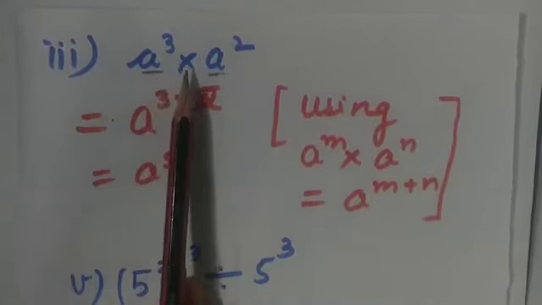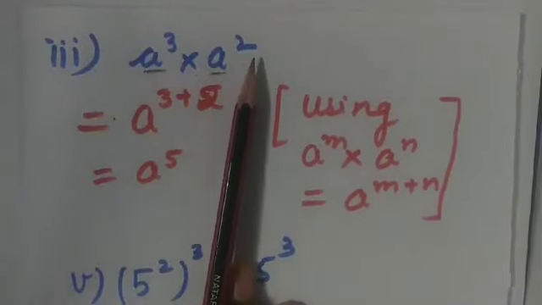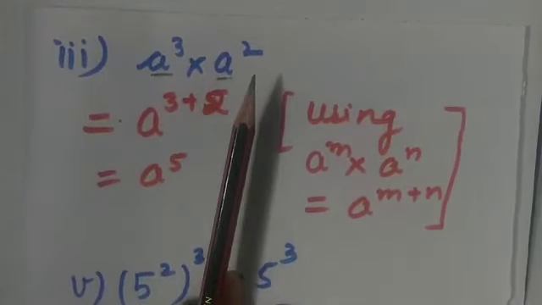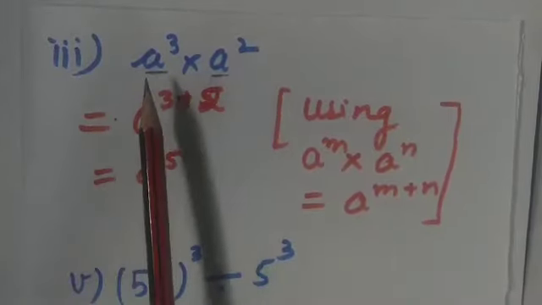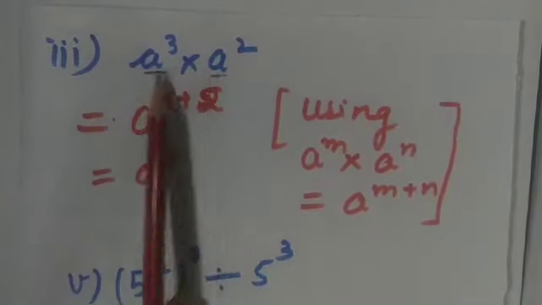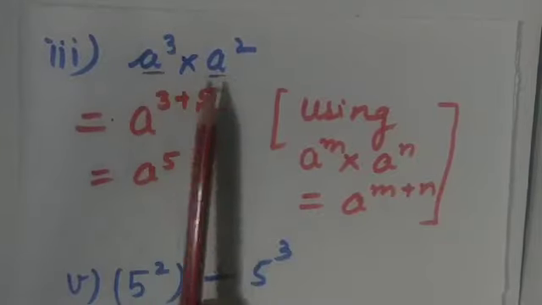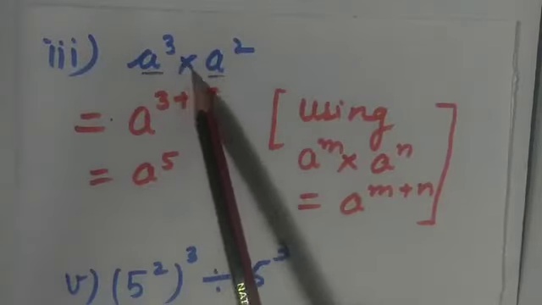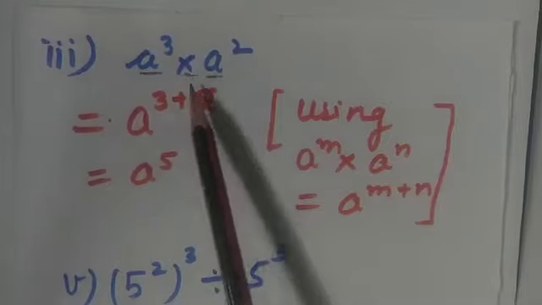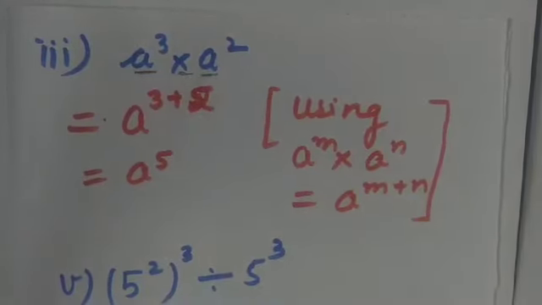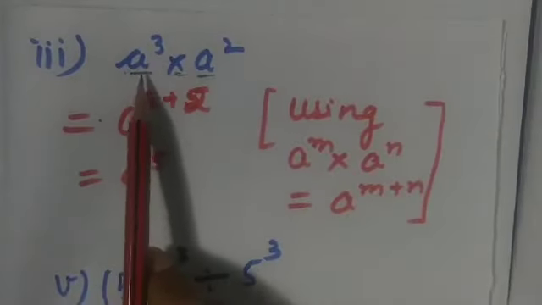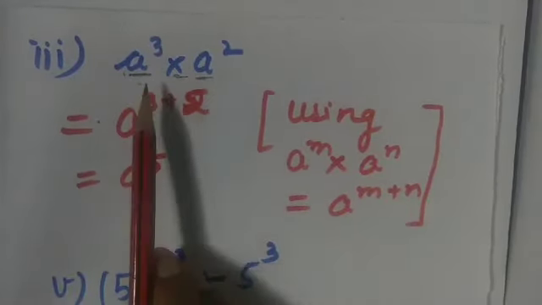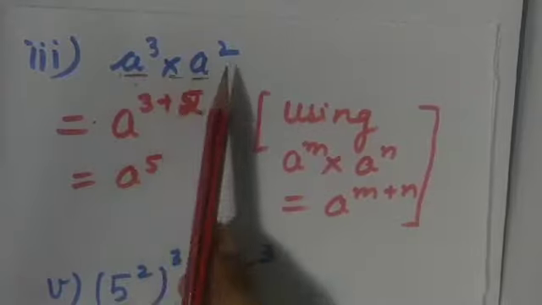A raised to the power 3 into a raised to the power 2. We have to simplify it and give the answer in exponential form. Here I am observing that the bases are the same and in between the exponential numbers we have the multiplication sign. In laws of exponents we have learned that whenever the bases are the same and we are multiplying the exponential numbers, then the powers get added.